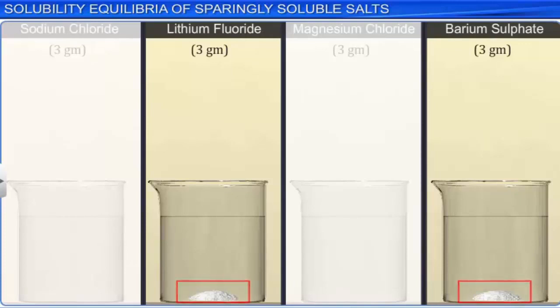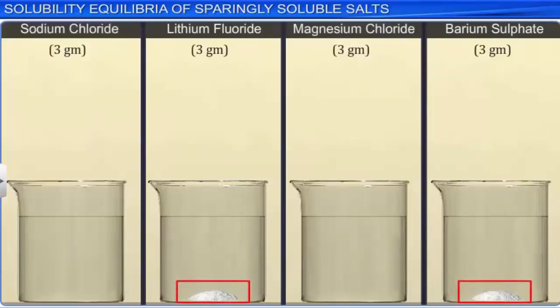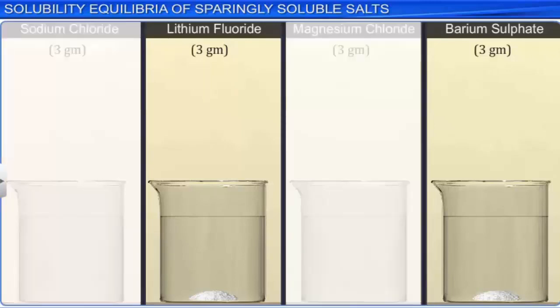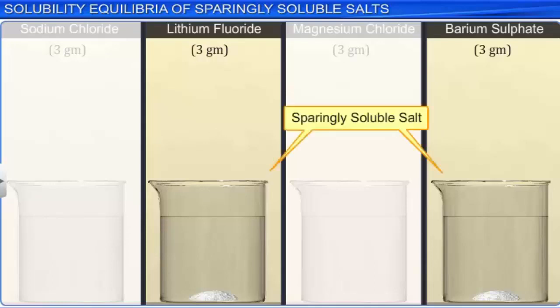From this, we can conclude that all the salts are not soluble in water to the same extent. Salts like lithium fluoride or barium sulfate, which show little solubility in water, are commonly termed as sparingly soluble salts.